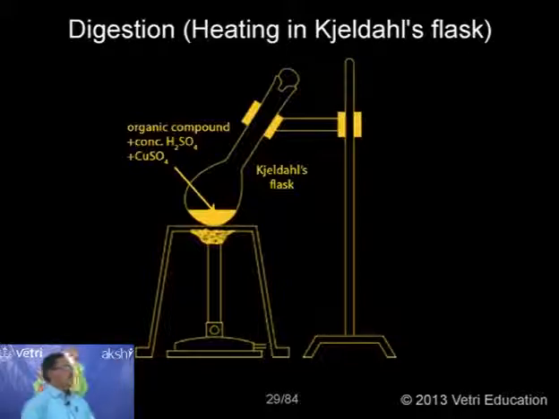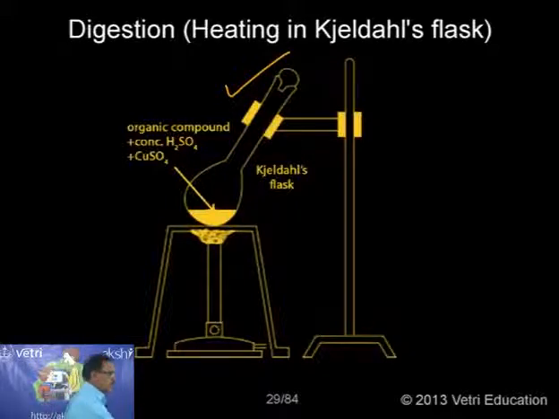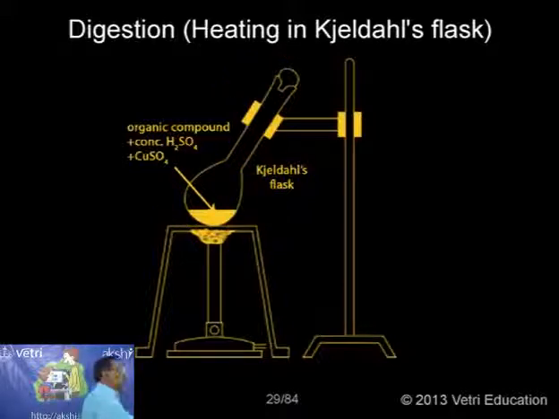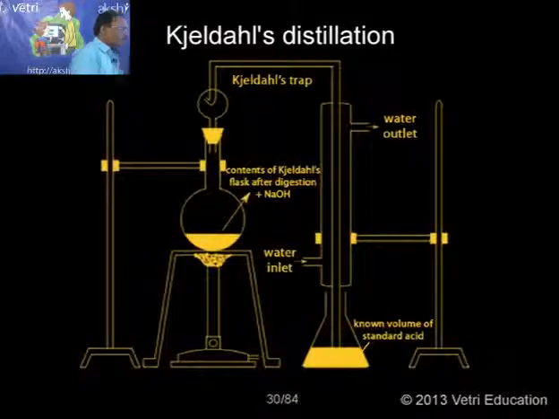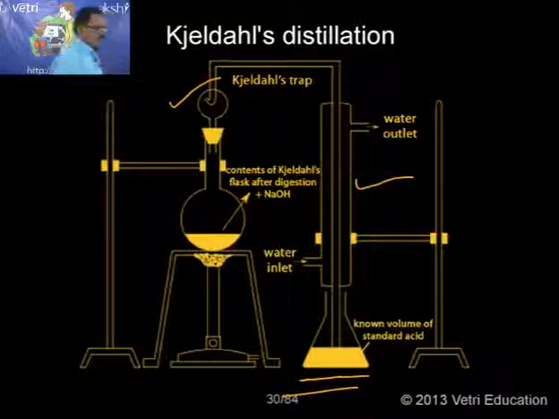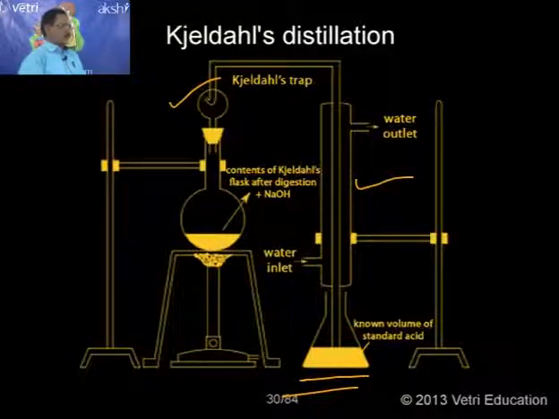So let me follow here. What we are seeing is the apparatus used, the Kjeldahl flask. Kindly follow. This is the special apparatus used for Kjeldahl. Here we are taking the organic substance with sulfuric acid, copper sulfate and potassium sulfate. When you heat, it automatically converts into ammonium sulfate. Then you open the Kjeldahl flask and transfer the contents into a round bottom flask with the help of a Kjeldahl trap, and connect it to your condenser and a receiver. In the receiver we take a known volume of standard acid.